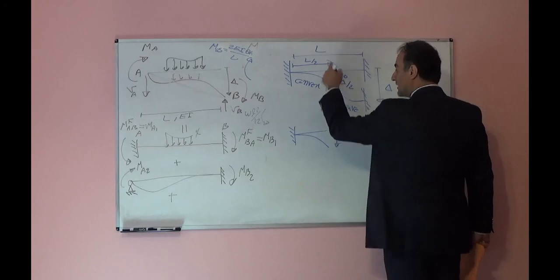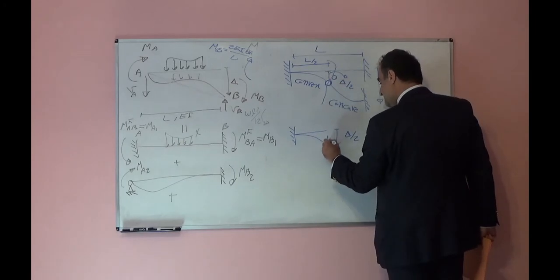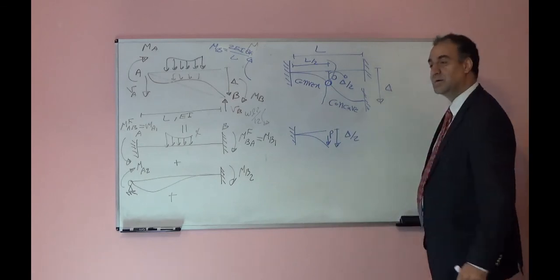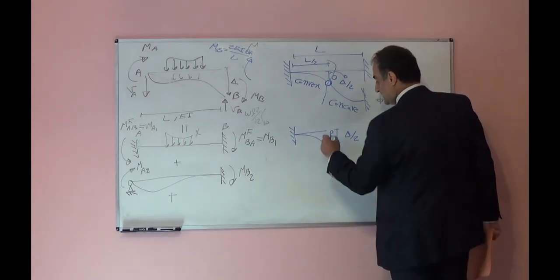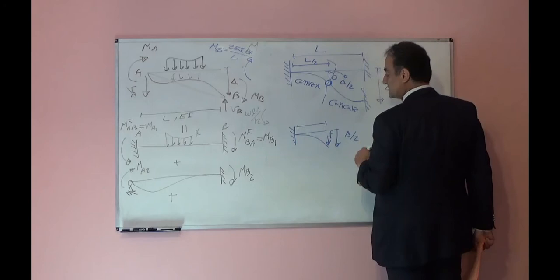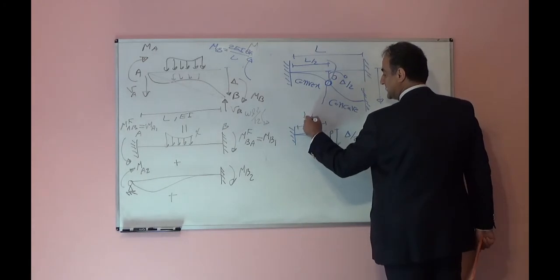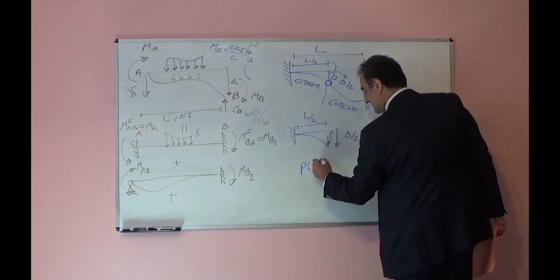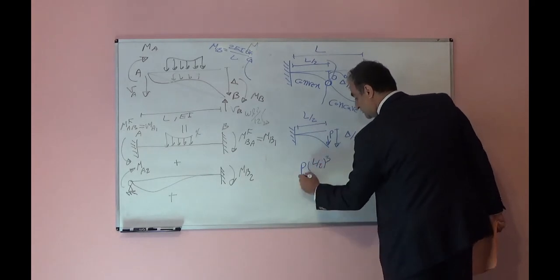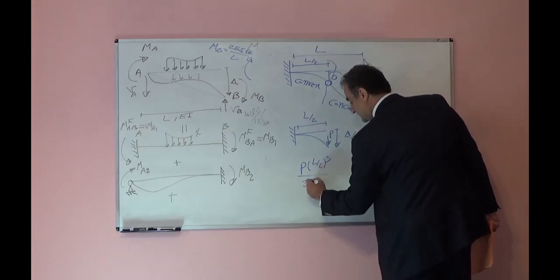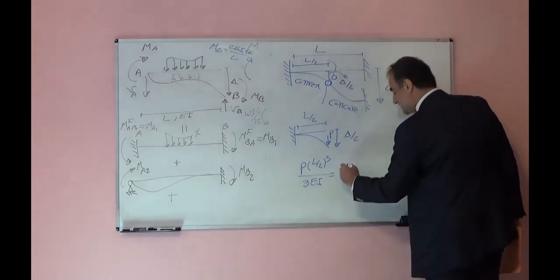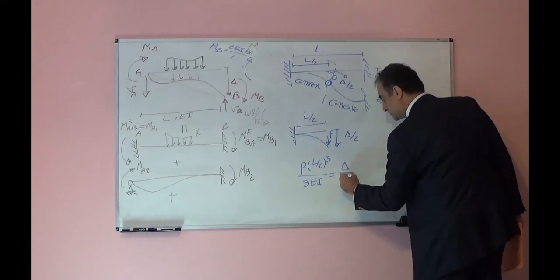At the cut point, the internal shear force, for example, if I call it P, how much is that P? I can find it in terms of delta. This length is L over 2. P times the length L over 2 cubed over 3 EI creates deflection delta over 2.